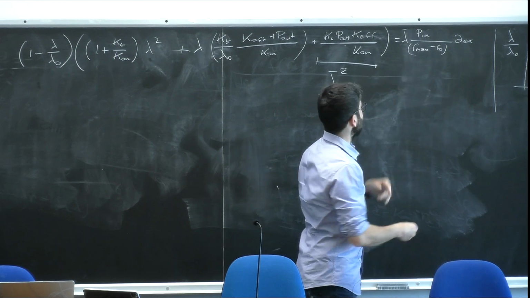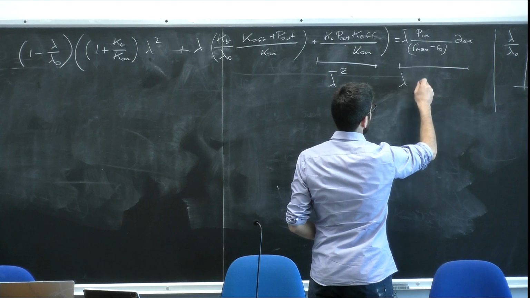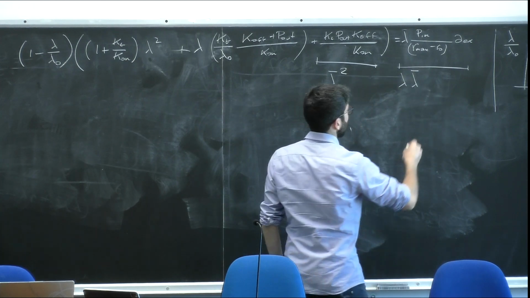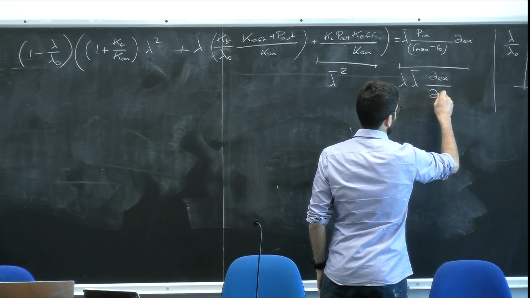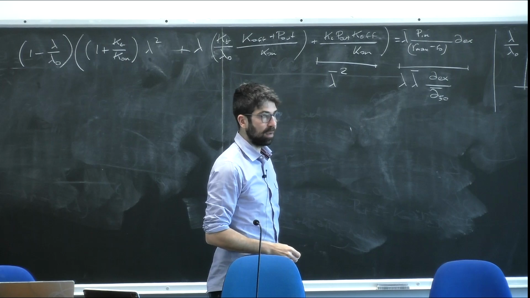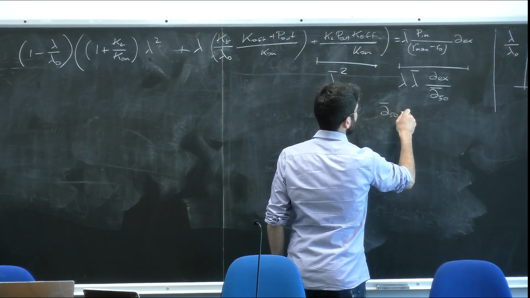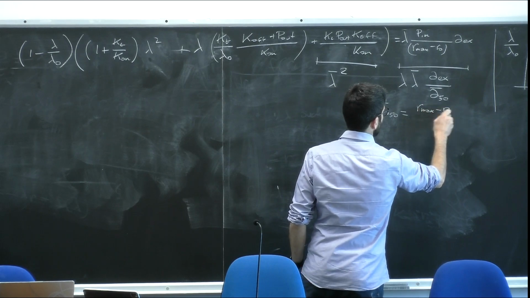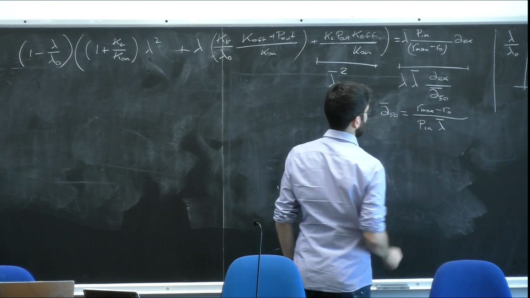So I can rewrite this term as lambda times this lambda bar, the external concentration over something that I call A50 bar, where A50 bar is equal to R max minus R naught over P in lambda bar.